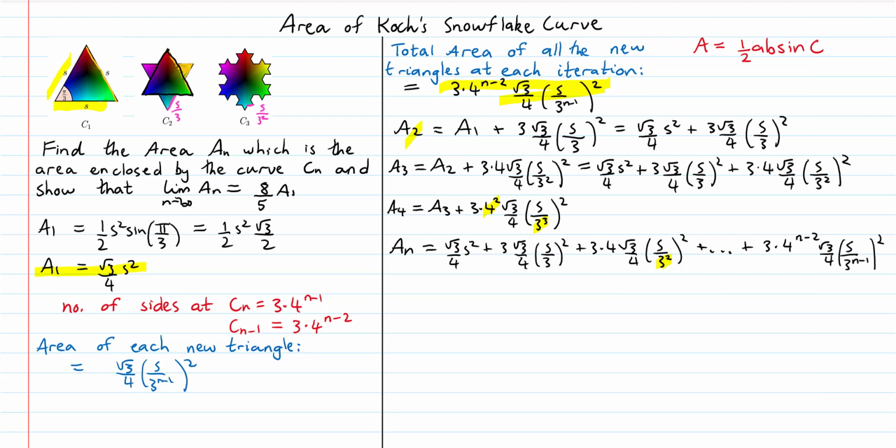So we can notice that this root 3 over 4 occurs in every term, and also the s squared is common to every term as well. So we can factor those out.